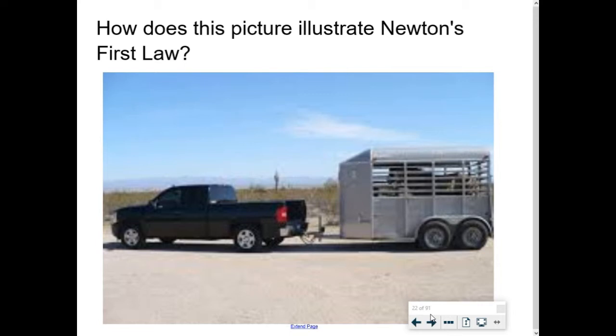Well, what's really important to someone who's driving a trailer is that even though you can drive fast, you don't want to. And the rationale is let's say you have to stomp on your brakes. Well, you're going to stop, the truck's going to stop, the trailer is going to stop, but what's going to happen to your horse? It keeps moving, right? Newton's first law, objects in motion stay in motion unless there's an external force.